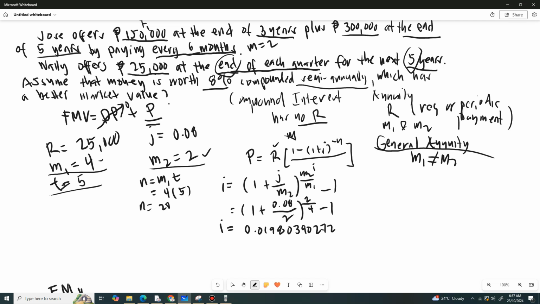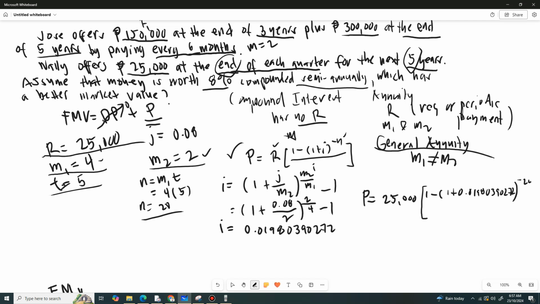So, substituting this, P equals our R, 25,000, times 1 minus 1 plus I, where I is 0.01980390272, raised to negative n. Our n is 20, right?